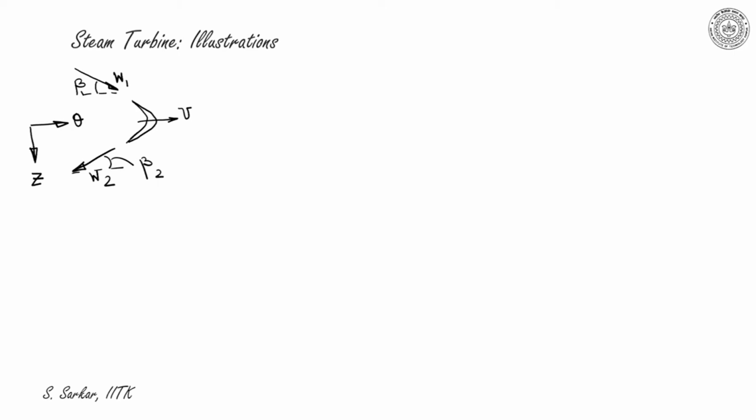Now what are the quantities given? Given that C1, that is the absolute velocity exit from the nozzle, is 1000 meters per second. Blade speed is equal to 400 meters per second.